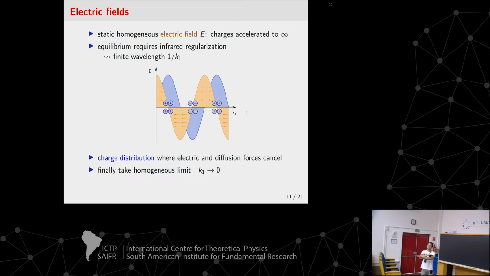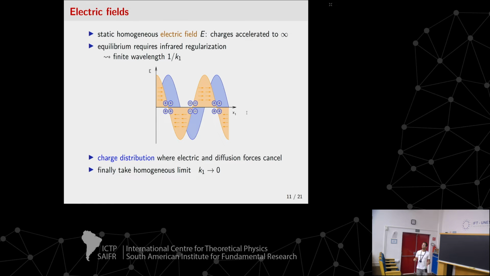If you consider a static and homogeneous electric field, which is independent of time and space everywhere, and your volume is infinite, then there is no equilibrium. Then you put your charges, and they are going to be accelerated to infinity, depending on the sign of their charge, to the direction or the opposite of the electric field, and there is no equilibrium. The whole system just collapses into a big infrared singularity.